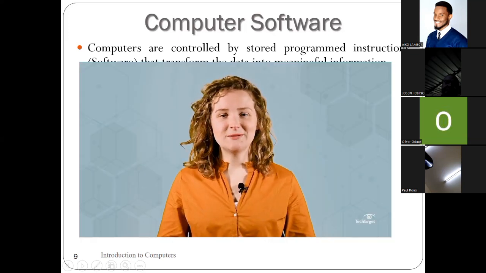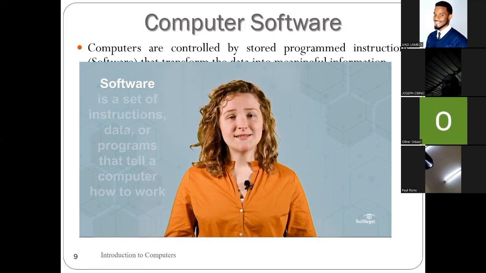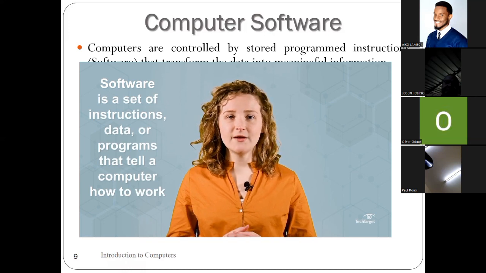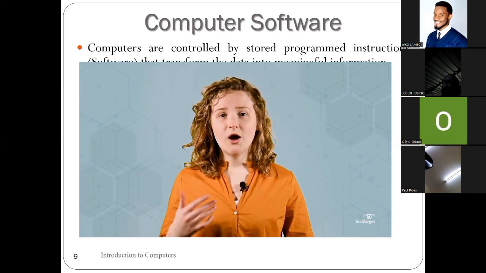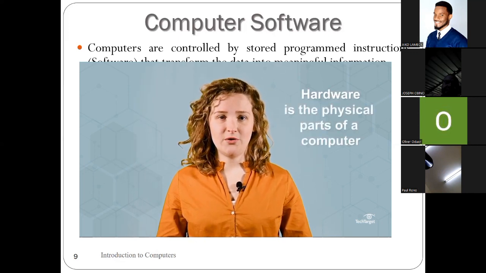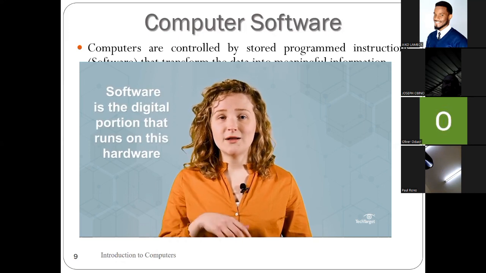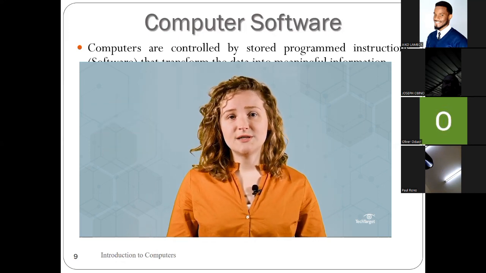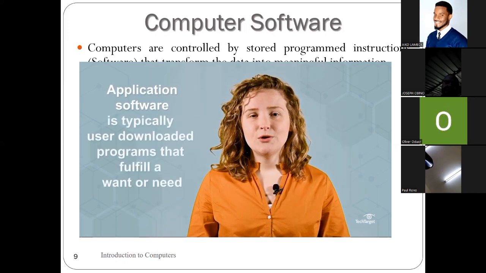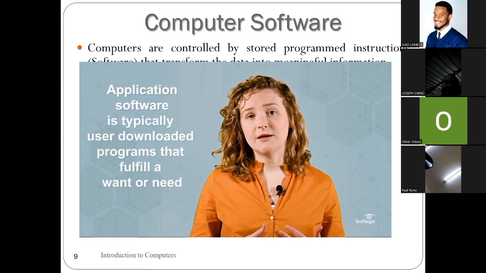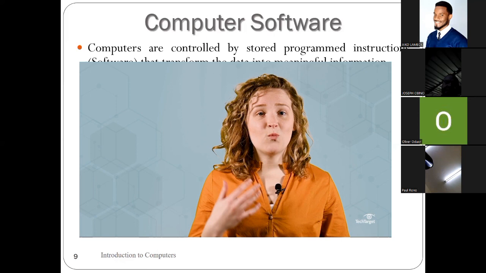You can't see it or feel it, but it's always there. Software is a set of instructions, data, or programs that tell a computer how to work. This can be anything from applications to games to spreadsheets. Hardware, on the other hand, is the physical parts of a computer, like the monitor, processor, keyboard, or mouse. Software is the digital portion that runs on this hardware. Software often falls into two categories: application software and system software. Application software is typically user-downloaded programs that fulfill a want or need, such as word processors, antivirus programs, games, photo editors, and web browsers.